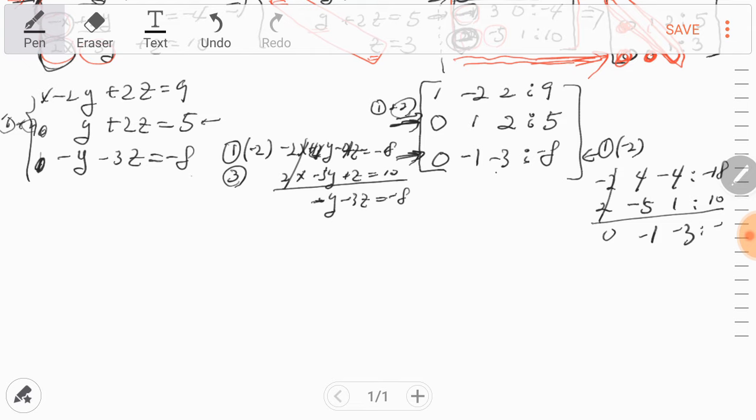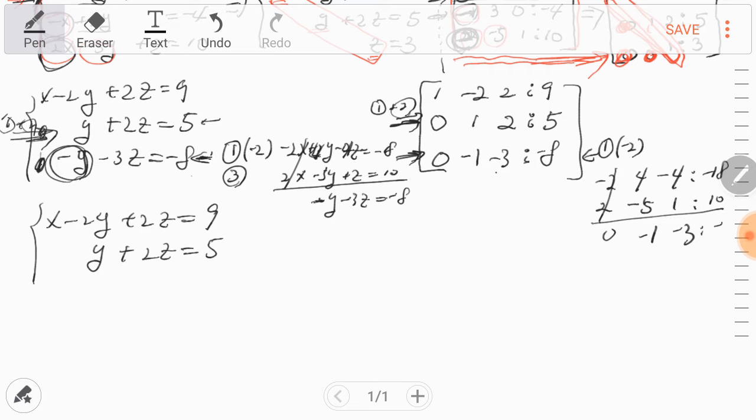Now since we eliminated the x terms, let's eliminate the y term in the third equation. We have to use the second equation to eliminate this negative y. The first equation is unchanged. Also, the second equation is unchanged, because we will use the second equation to rewrite the third equation.